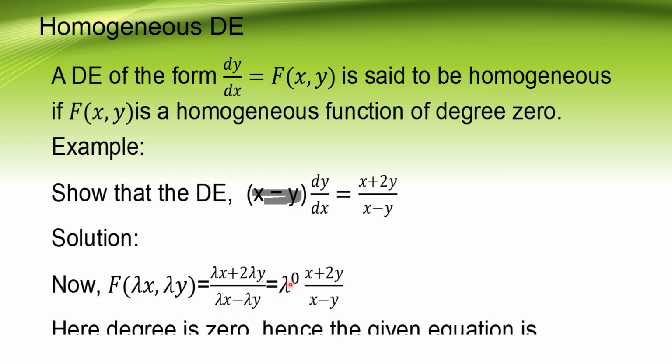On separating lambda from numerator and denominator, we get lambda by lambda, that is, lambda power 1 minus 1. So lambda power 0. So the power of lambda is 0, that is, the degree is 0. Hence the given equation is a homogeneous equation.